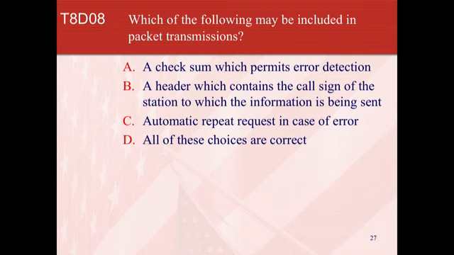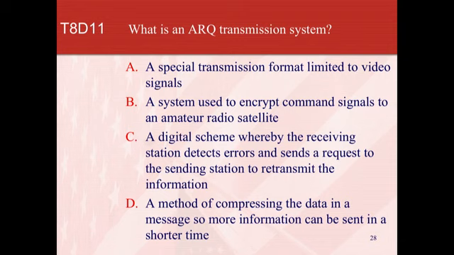Which of the following may be included in packet transmissions? Okay, here D. What is an ARQ transmission system? So that is the one where if it transmits, it doesn't get all of it.